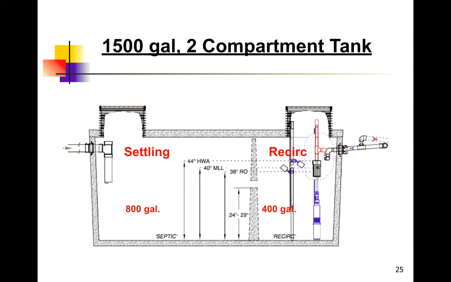The liquid level is determined by the splitter valve, and what that amounts to is the liquid level is maintained at about 1,200 gallons in this tank, and will give us about an 800 gallon recirc minimum liquid volume and a 400 gallon recirc volume.